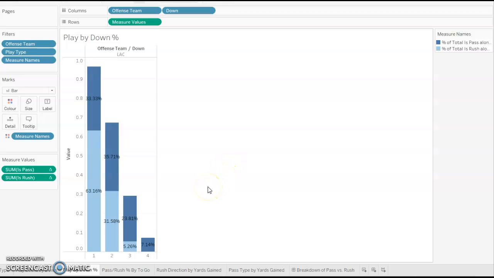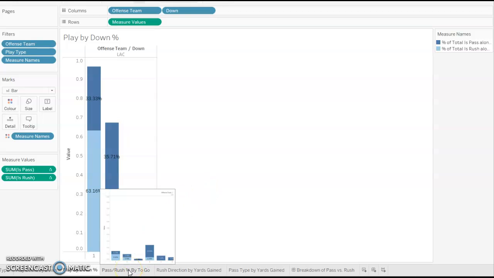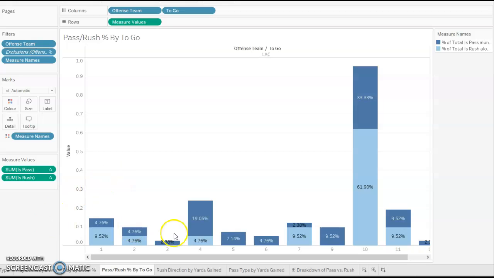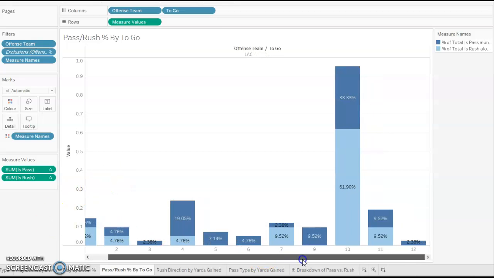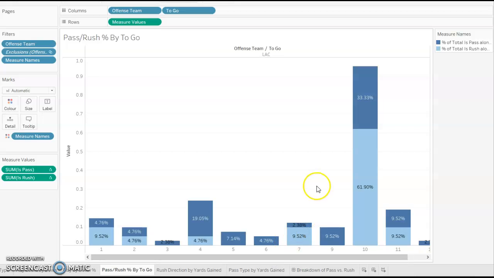The next question I asked myself was the pass and rush percentage by yards to go. When we look at the information here, the Chargers never had a down where they had more than 12 yards to gain on the next one. Typically, they had a lot of 10 yards to gain. Looking at this, we can see that they were passing it about 61% of the time and rushing it about 33% again.